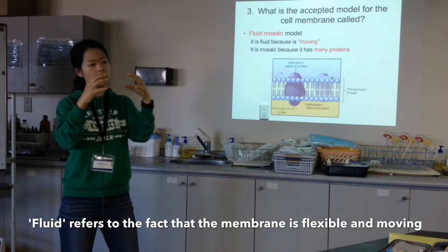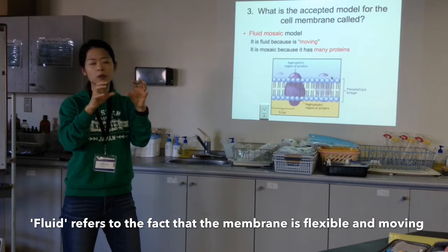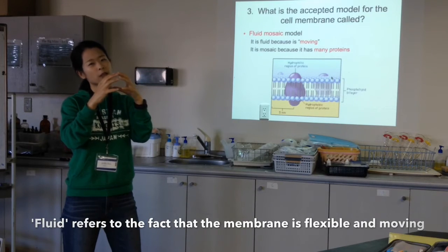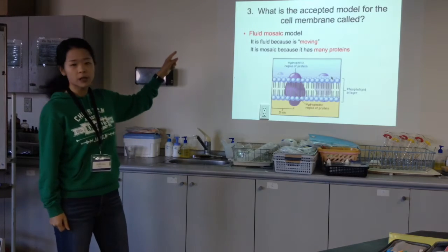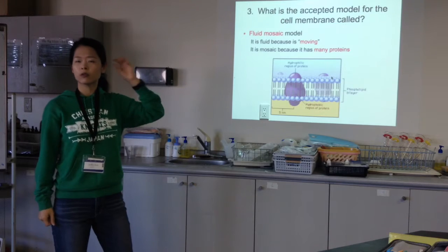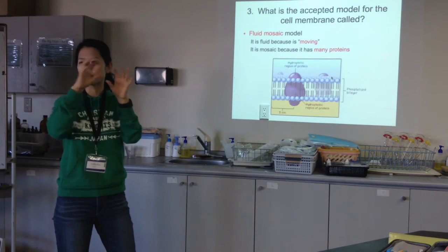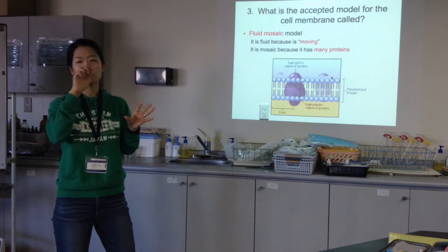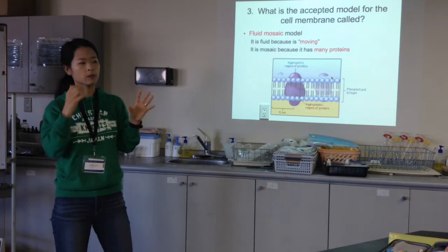Okay, it moves and it is flexible. It has the ability to stretch a little. And mosaic means, when you do mosaic art, right? You're putting little pieces together to form something big, like putting many small pieces together to make something large and artistic and beautiful.